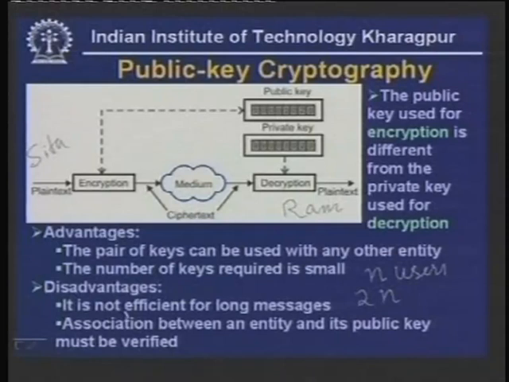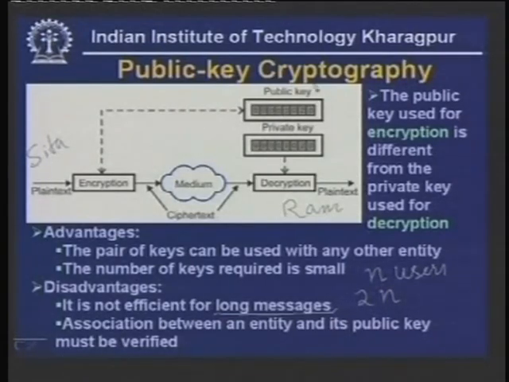Now, the question arises: what are the advantages and disadvantages of this technique? The advantage, as you have noticed, is that the number of keys required is small. The main disadvantage is that it is not efficient for long messages, because the encryption technique is quite complicated. Another problem is that the association between an entity and its public key has to be verified.